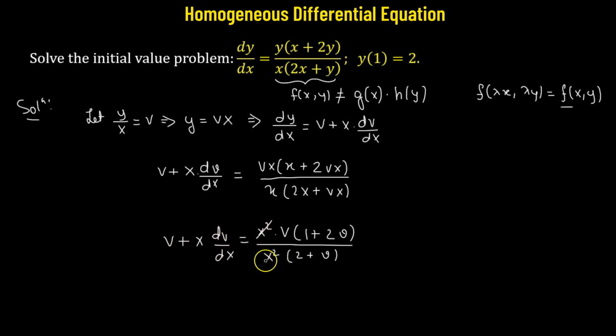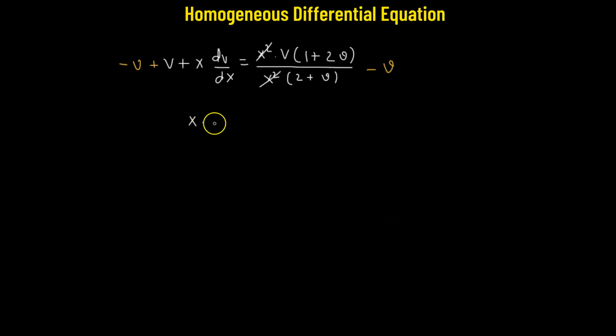So here x squared and x squared will get cancelled out, and next we will subtract v from both sides. So we have x times dv over dx, and let's combine these two terms.